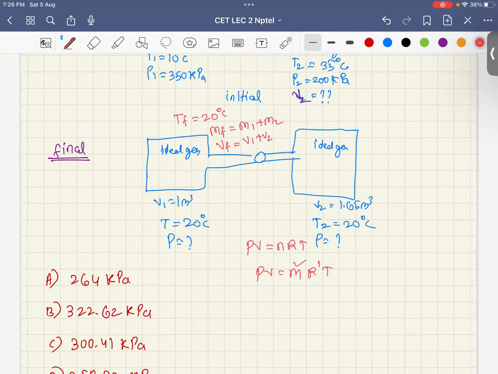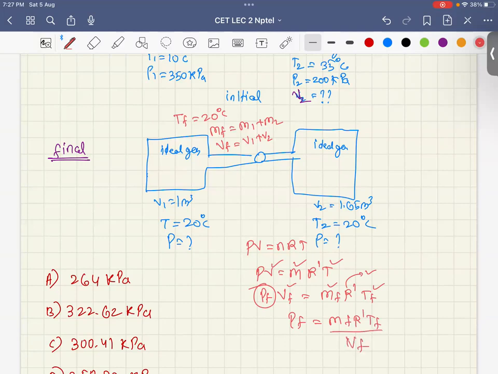You know m, you know temperature, you know volume. PF equals mfR'TF. R' is a universal constant, so you can calculate PF. PF is going to be mfR'TF divided by VF.